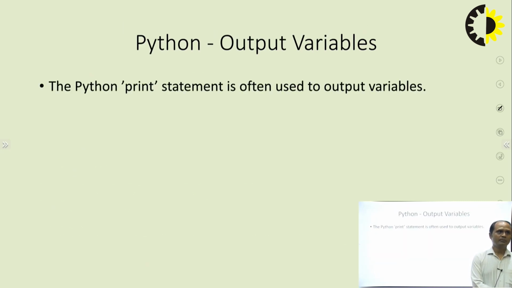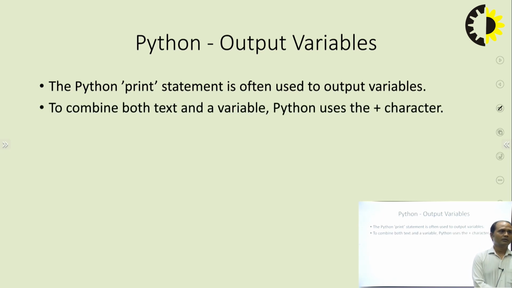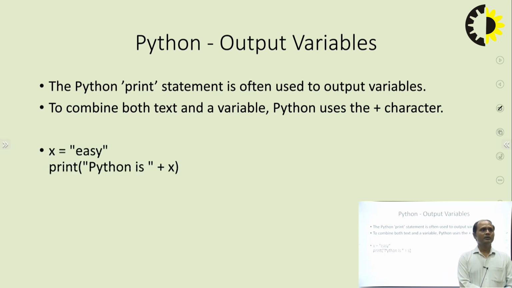Python output variables. We can use the print statement to output variables. To combine text and variables, we can use the plus sign. Suppose x is equal to "easy" and print("Python is " + x).